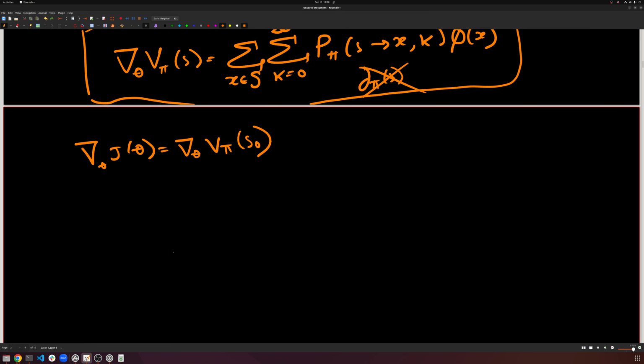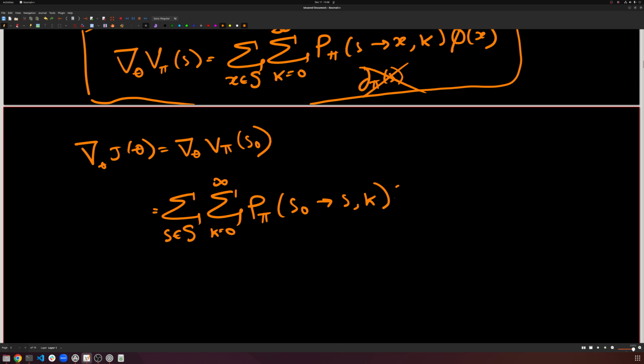We said that all of this, the way we wrote it, is going to be the sum over s, an element of S, and then the sum over k equals 0 to infinity, how many steps of transition we want to do. We can go from 0 steps of transition and sum up every iteration up to infinity steps of transition. And we have rho^pi(s0 to s, k steps). This is what we just wrote earlier, so nothing fancy.